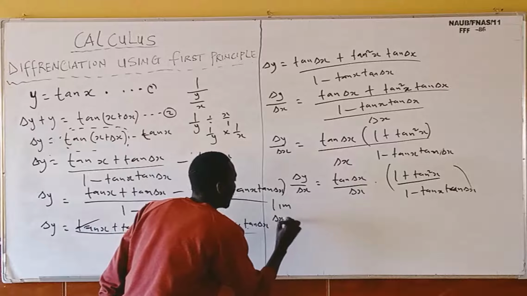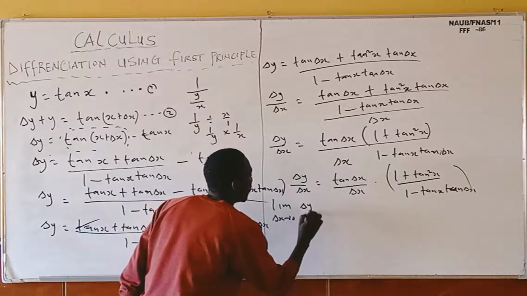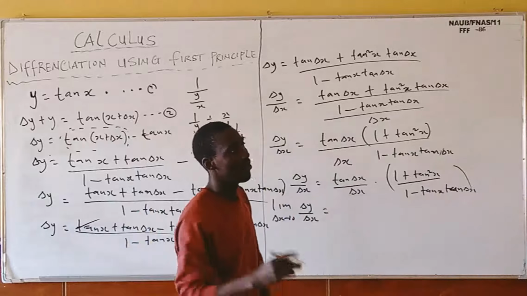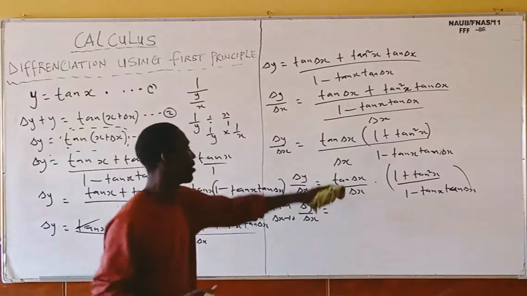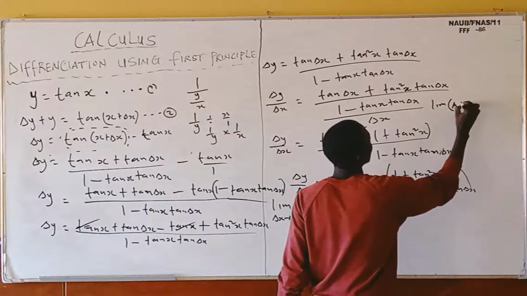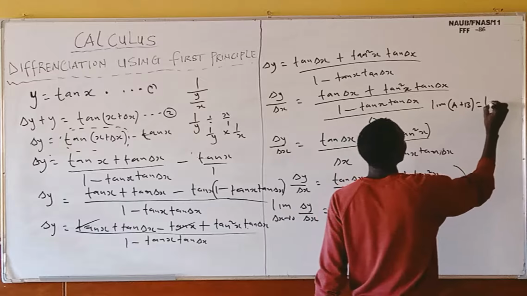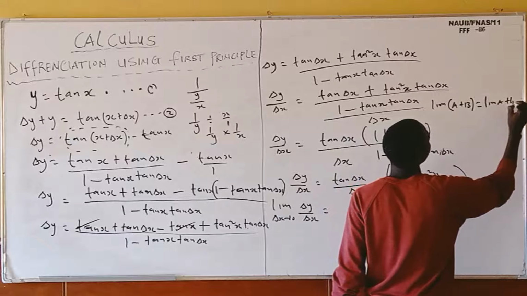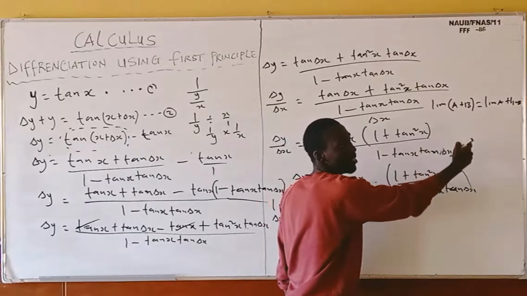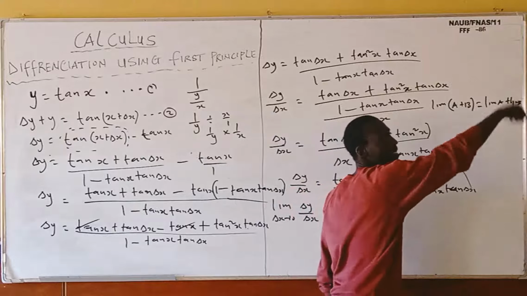Limit as change in s approaches 0 of change in y over change in s will be equal to, don't forget, from my previous video, you can watch it, the limit of a plus b is the same thing as what? Limit of a plus limit of b. Same thing with multiplication. The limit of a times b is the same thing as what? Limit of a times limit of b.